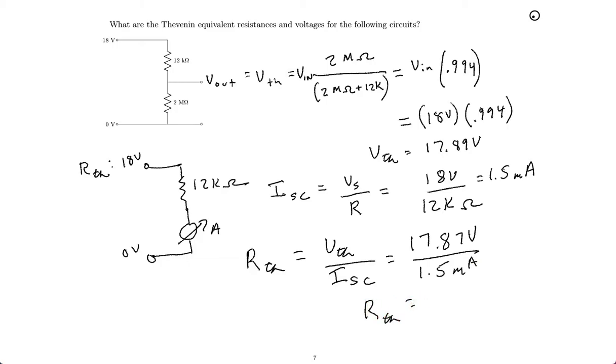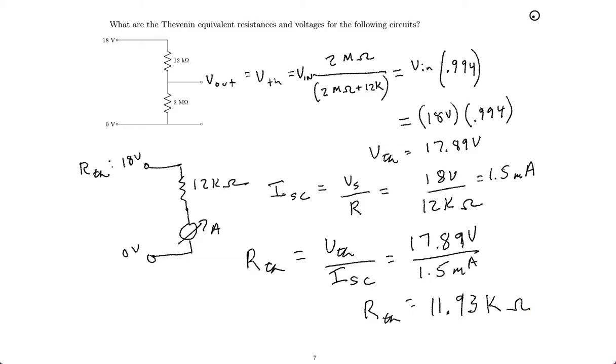One last time, back to the calculator. 17.89 volts divided by 0.0015 amperes. And that gives me an 11.93 kilo ohm Thevenin resistance.